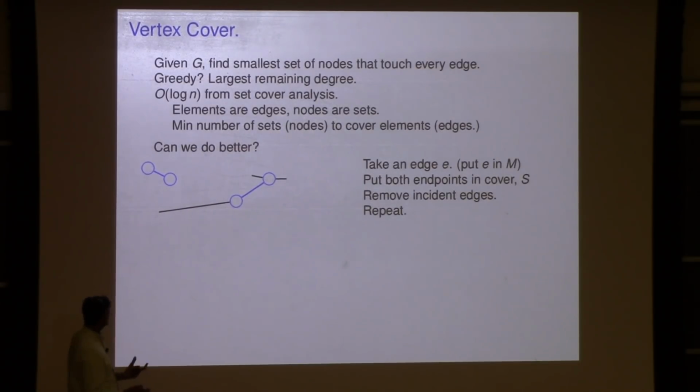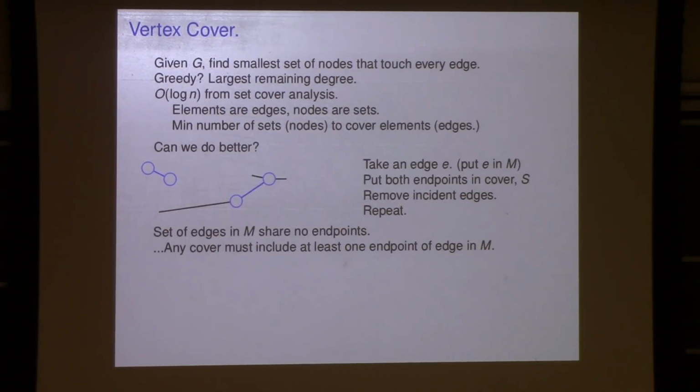Because when I did this remove, I made it so I couldn't put any of these removed edges in the matching. I removed all the things that could have shared an endpoint with this blue edge. So they're not going to be put in M. Now any cover must include at least one endpoint of an edge in M. M is a set of edges, and I have to cover all the edges.